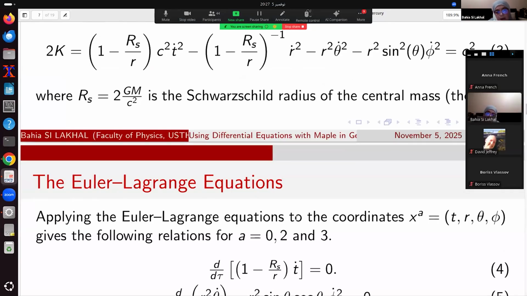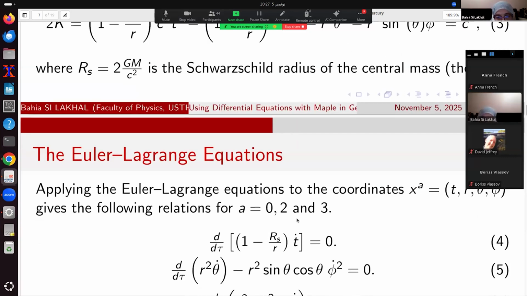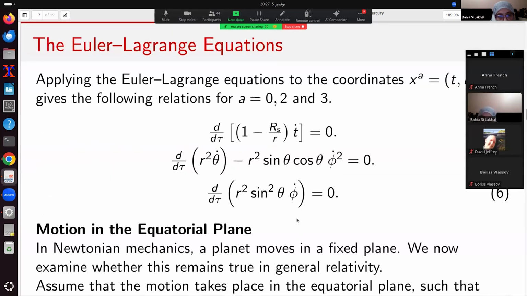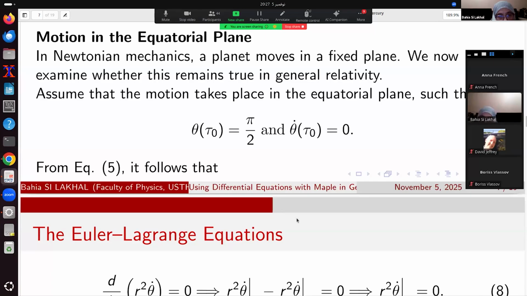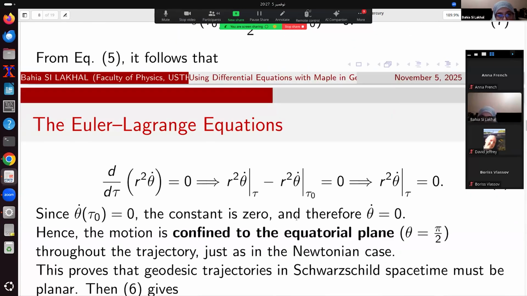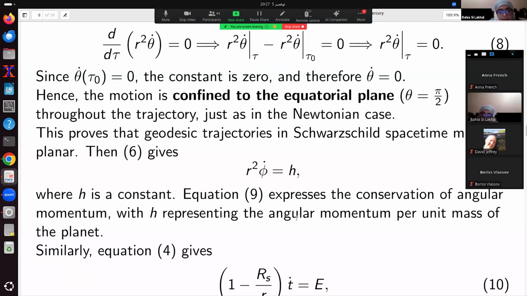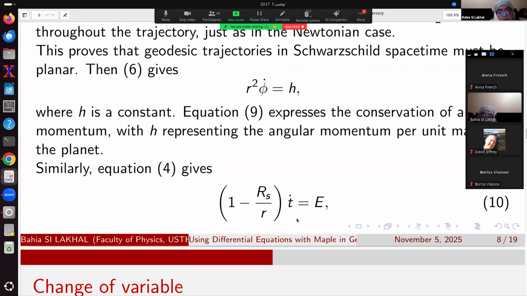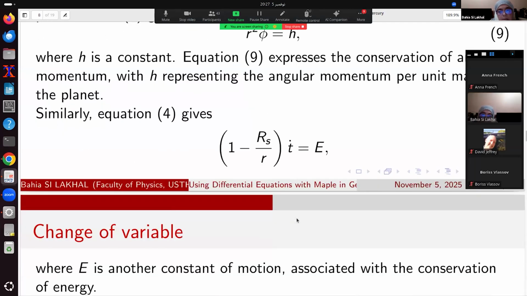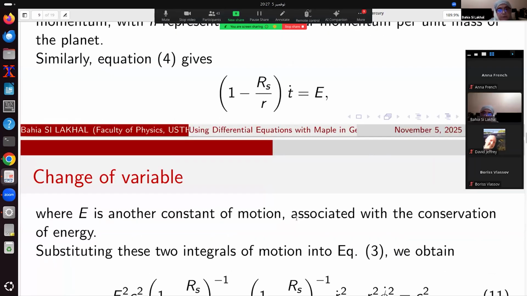We can derive the constants of motion called h, which represents the angular momentum per unit mass of the planet, and E, which is associated with the conservation of energy.